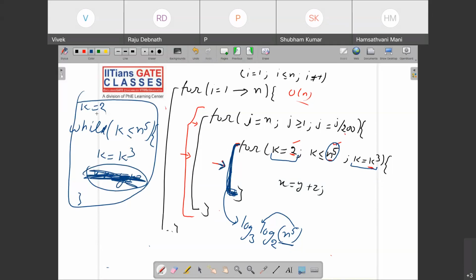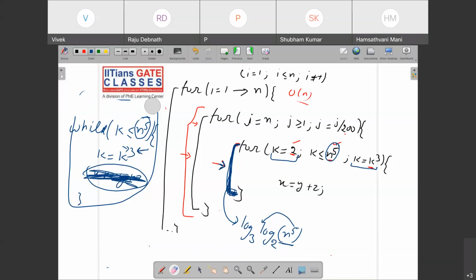So this is the initial value. This is the power that you are seeking. Using these two, the initial value will come inside the log, and the power will come as the outside log base, right? We have calculated this till now, and this is our goal that we want to achieve. That is why it's n raised to power 5. Now this is for the inner loop.